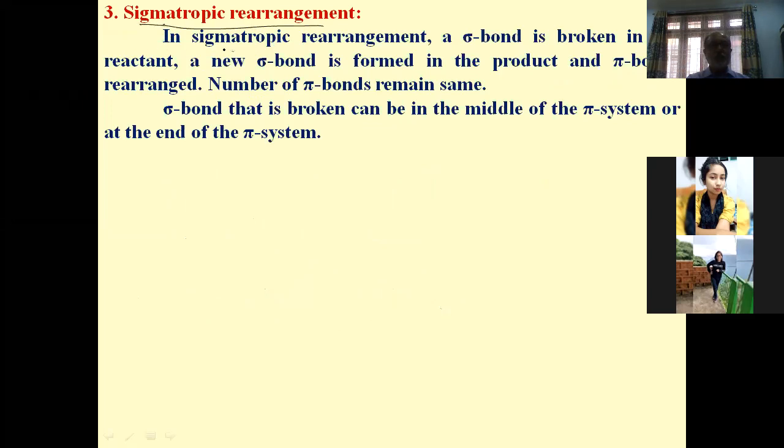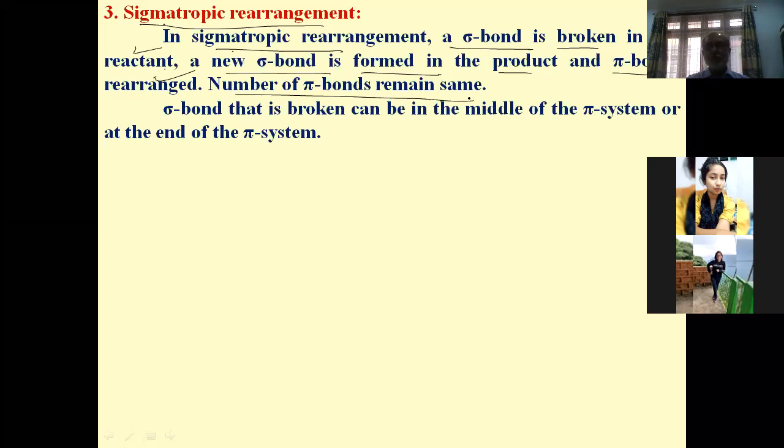In sigmatropic rearrangement, a sigma bond is broken in a reactant, a new sigma bond is formed in the product, and the pi bonds rearrange. That means the number of pi bonds remains the same.